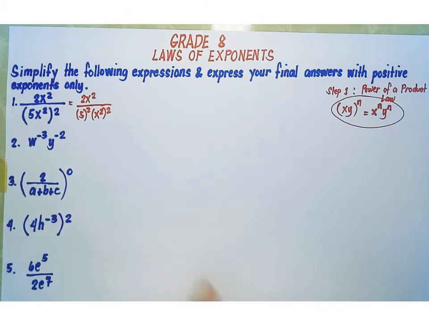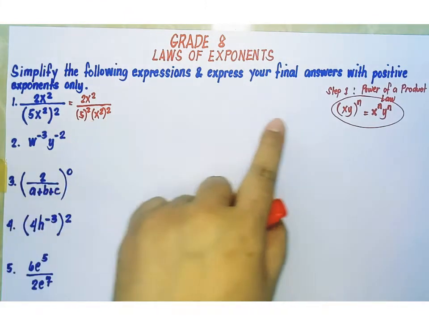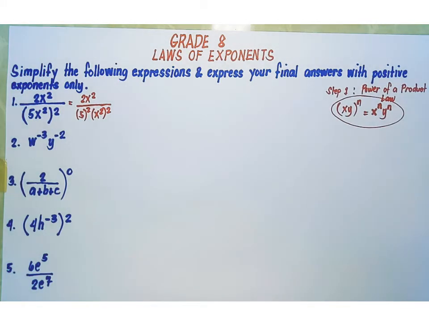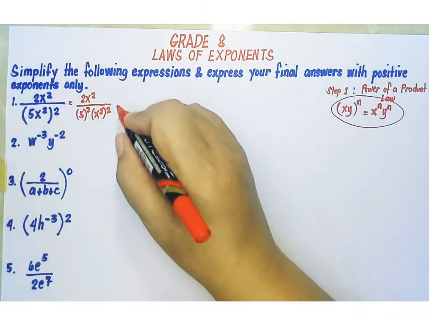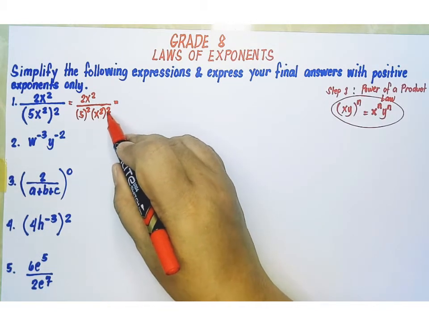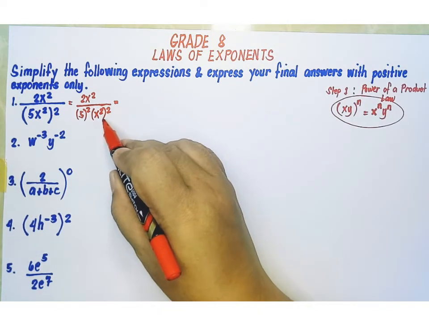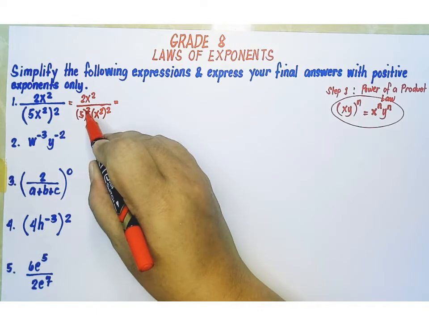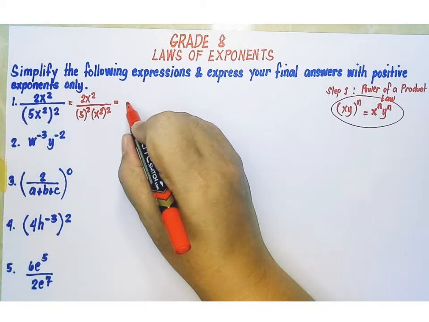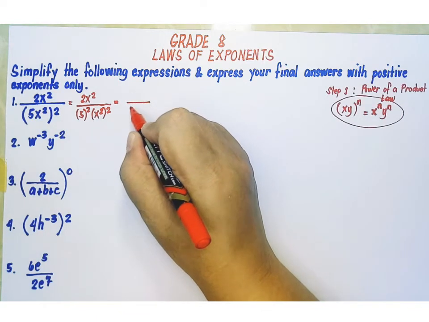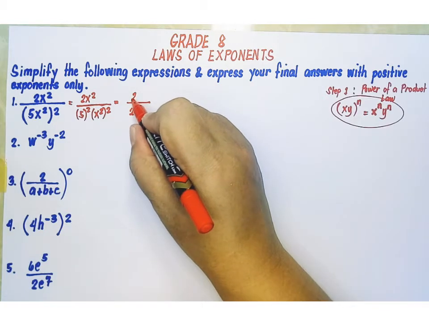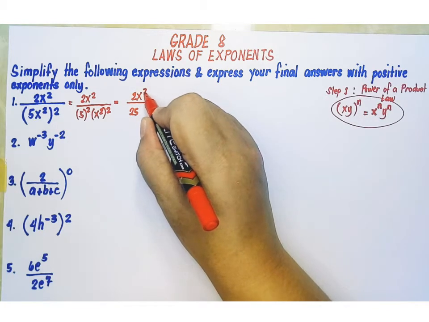Yan. So, gumamit ito ng power of a product law. Next step is to apply the power to power law dito. Of course, itong 5 squared, i-evaluate mo na yan. So, that is 25. I-copy mo yung numerator mo 2x squared.